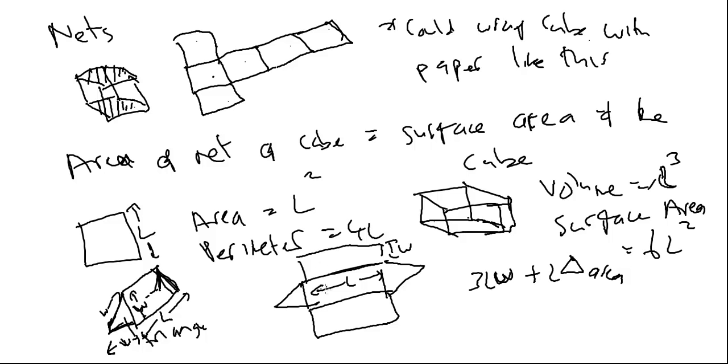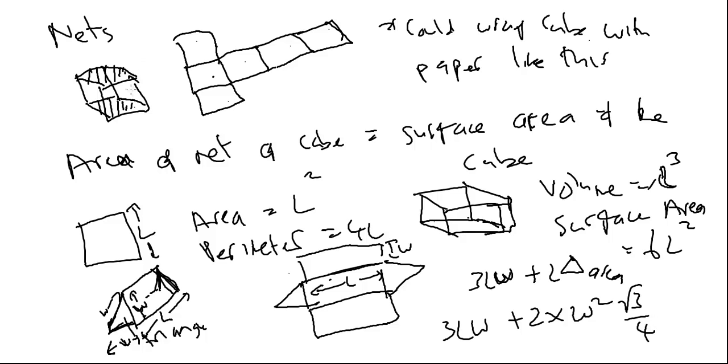And the area of an equilateral triangle, so that's going to be 3LW plus 2 times W squared root 3/4, since that's the area of an equilateral triangle.